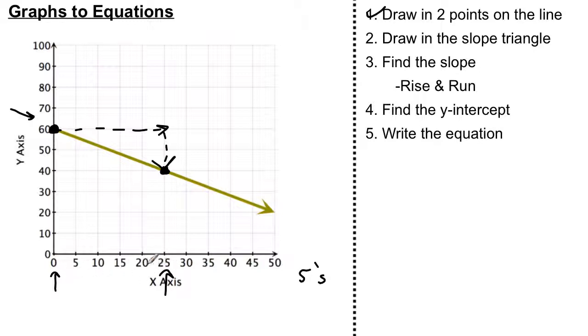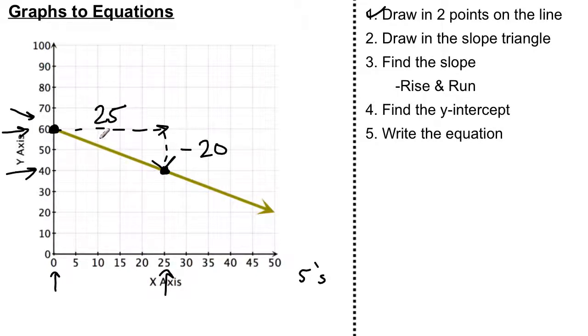Do you see that? So we actually went 25. Now when we go down, notice this is also labeled differently. We're going from 60 down to 40. So we go down 20 because this is labeled in 10s.